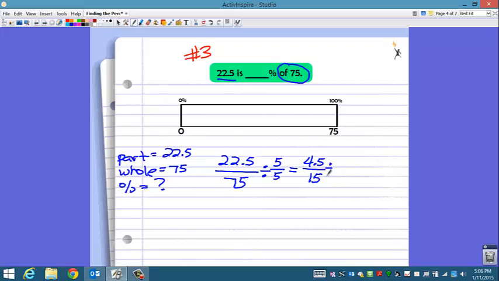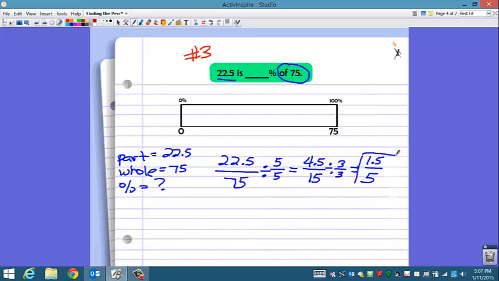I can divide by 5 again, but I'm actually going to divide by 3. If I divide by 5, I would get 3 in the denominator, and that's a little tricky, so I can also divide by 3 and get 5, and that's easier to work with. So when I divide by 3, I get 1 5/10 as the numerator, and my denominator is 5.